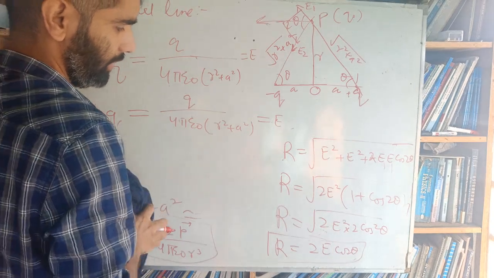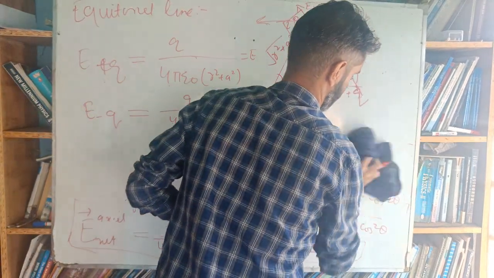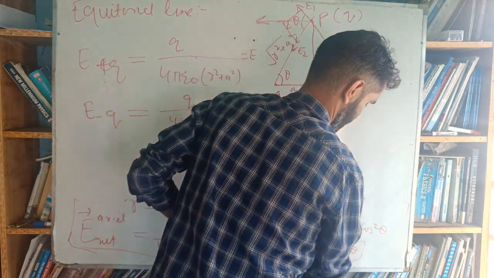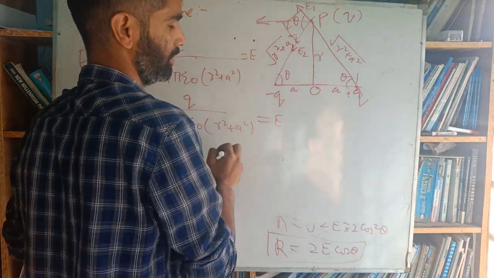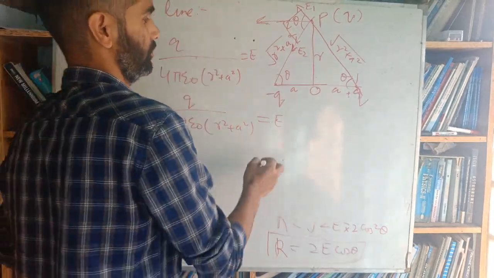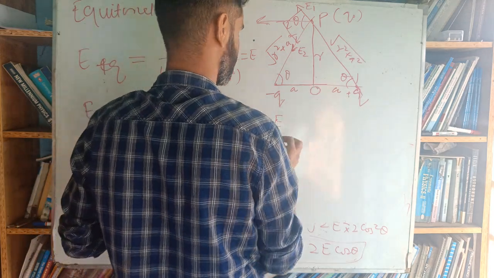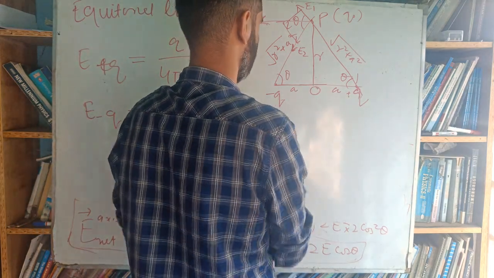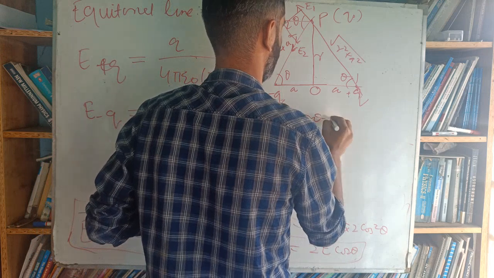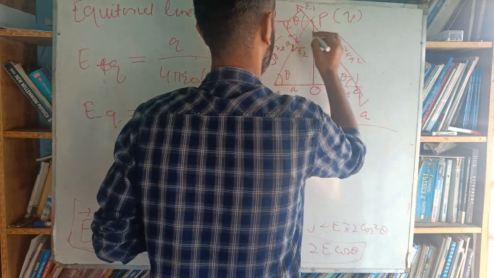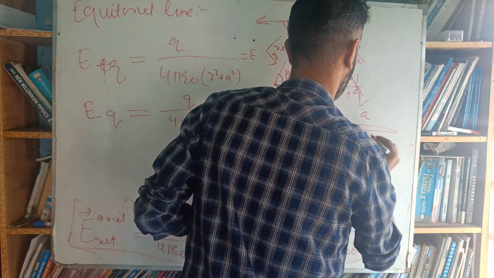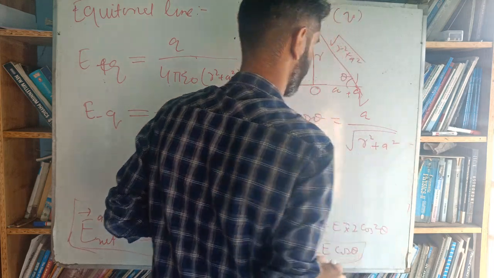I can use this triangle to calculate the value of cos theta in terms of r and a. So cos theta is base over hypotenuse. Cos theta equal to base is a and the hypotenuse is under root of r square plus a square.